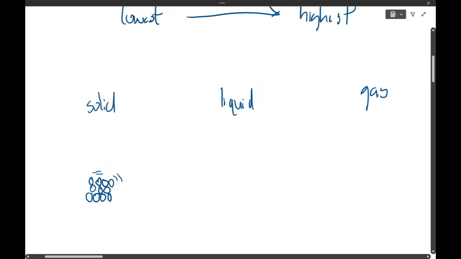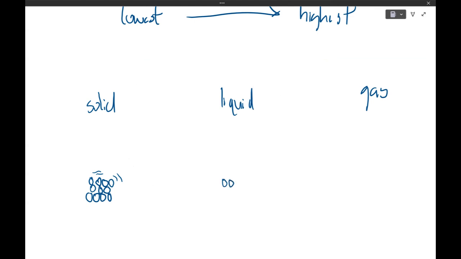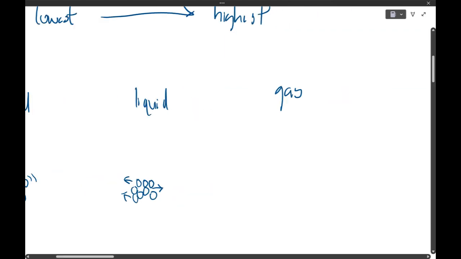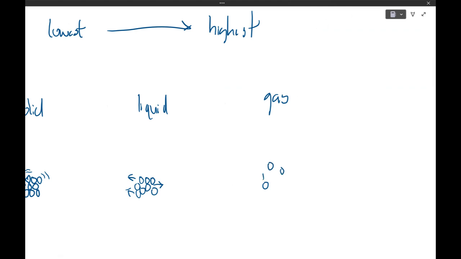In a liquid, things get a little more energetic, and you still have atoms that tend to stay near each other, but they can start sliding past each other. And then in a gas, the atoms or molecules are just off on their own, going wherever.